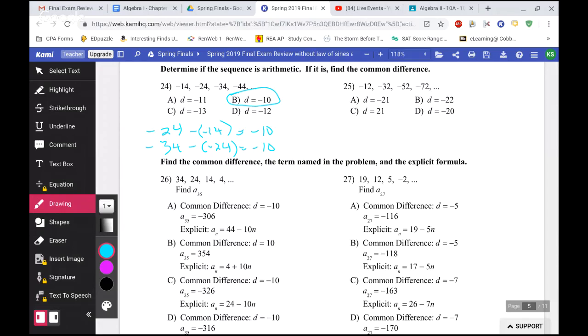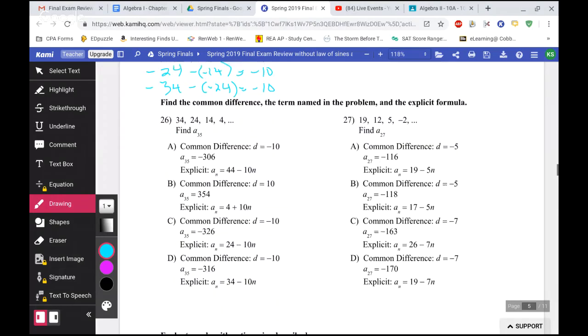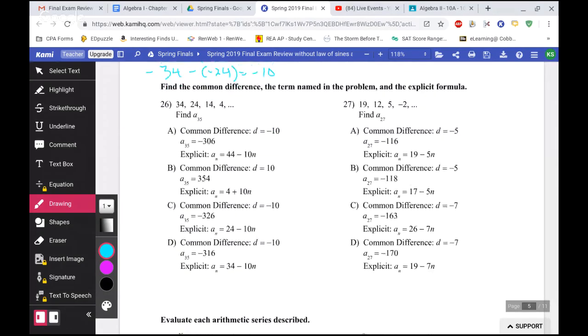And then for 26, how do you do that? I know that you find the common difference. I think I found the common difference was negative 10. But then how do I get to the 35th? Okay. So the next thing you're going to want to do is figure out what the formula would be. These would be the steps that I would take personally, because you're supposed to also find the explicit formula and then find the nth term.